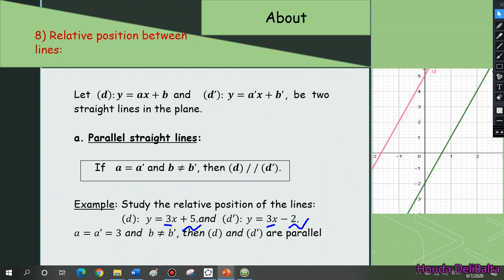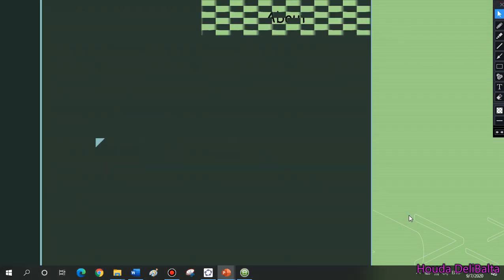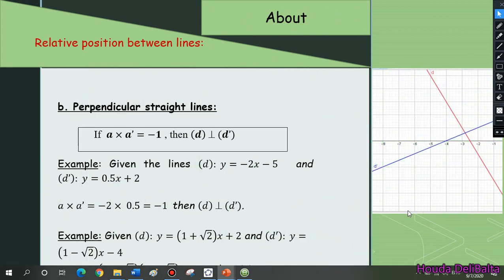Now the second case of relative position between lines is the case of perpendicular straight lines. If the product of the slopes of two straight lines is equal to -1, then these two lines are perpendicular.